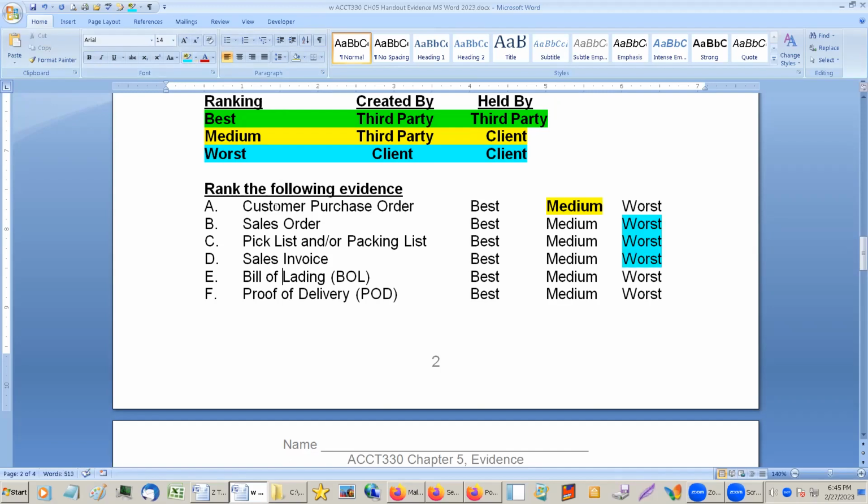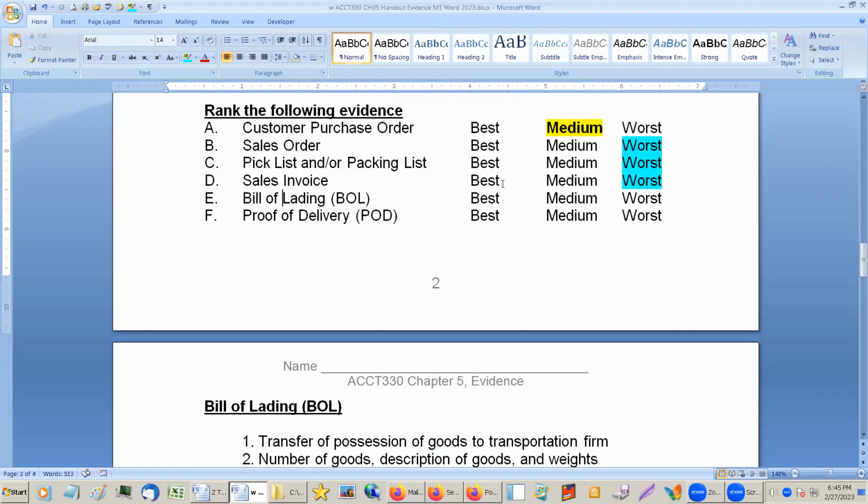Bill of lading and proof of delivery are two shipping documents. Medium. Yeah, these would probably both be medium. It's possible to get these moved up to best if you contact the shippers and ask them to send the two documents.